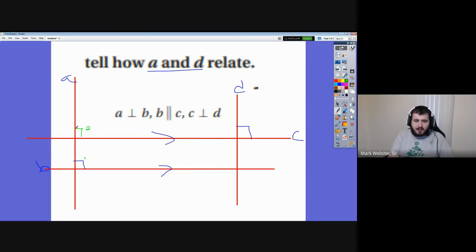Since angle 2 is a right angle and angle 3 over here is a right angle, they're the same and they're corresponding angles. Corresponding angles are congruent. That means that line A has to be parallel to line D by the converse of the corresponding angles theorem, right?